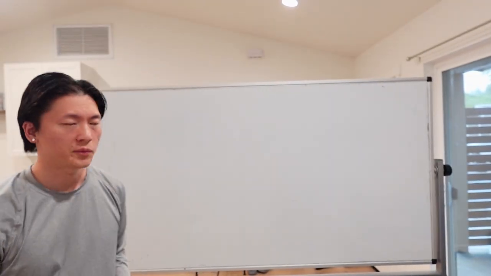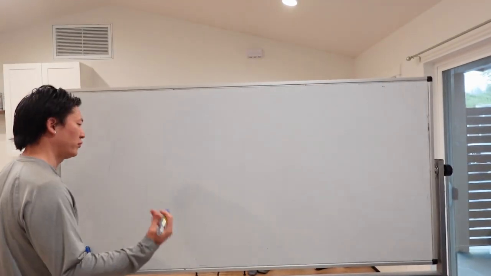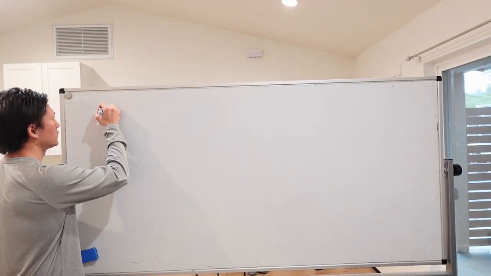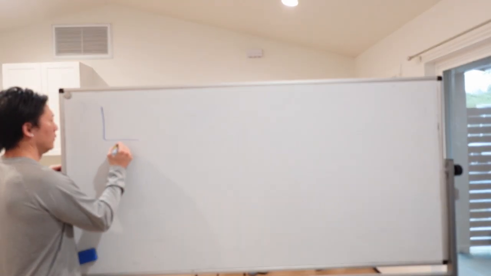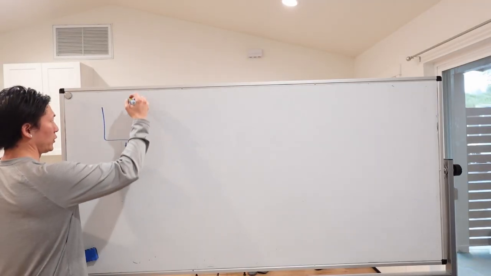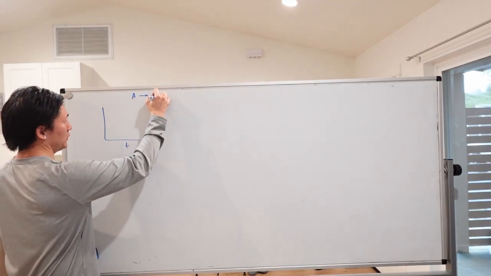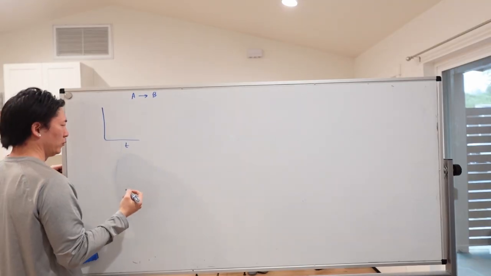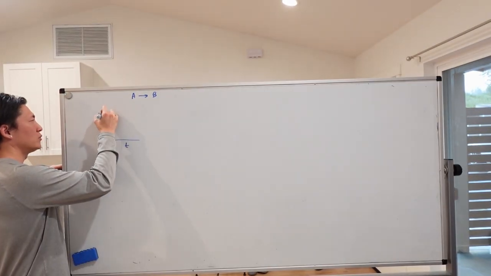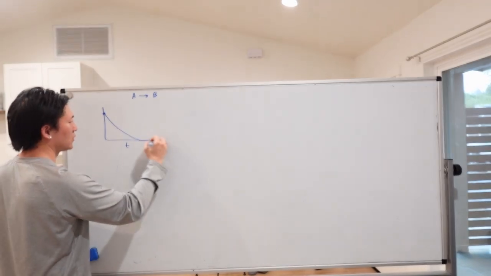Alright, so now we're going to talk about equilibrium. And before I start with equilibrium, I'm going to go back to rates. Remember in rates, you have some time and we're going to do a simple chemical equation. A goes to B. And recall that A is disappearing over time, so it's going to eventually hit 0.